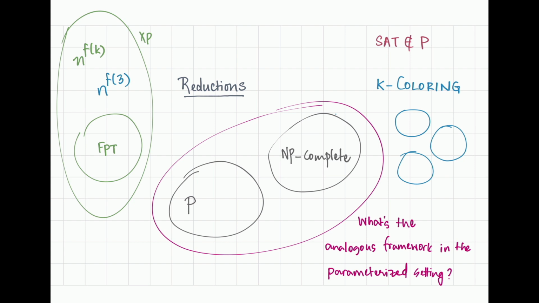So you can conclude based on just what you already assume in the classical world that k coloring parameterized by k is not going to even admit an XP algorithm.